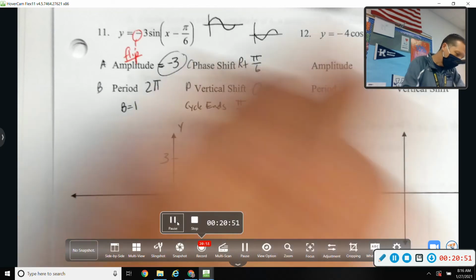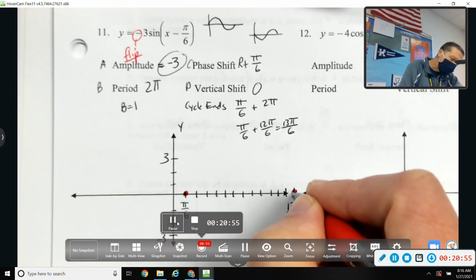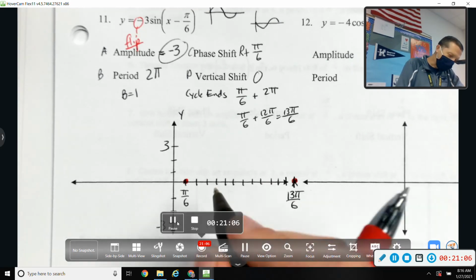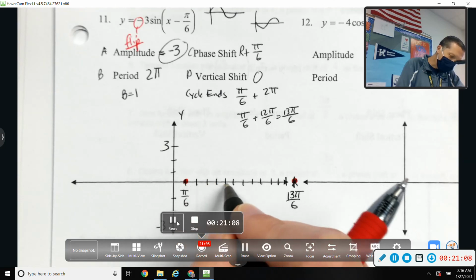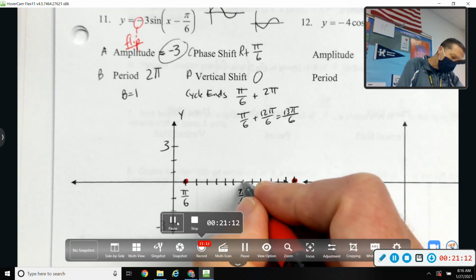So I'll start at 0. I'll end at 0, ending at 13 pi over 6. Halfway in between 1 and 13 is 7. So 1, 2, 3, 4, 5, 6, 7 pi over 6. That's my middle point.